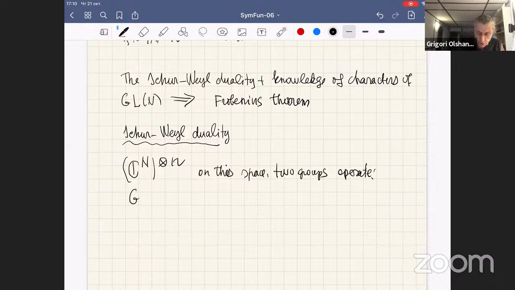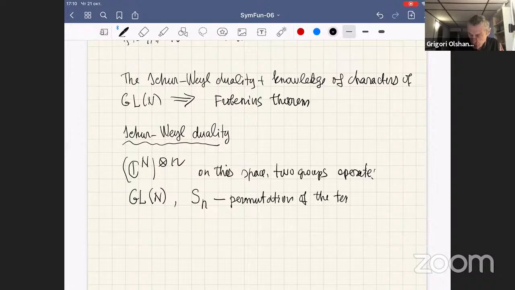There is a natural action of GLN, because the group GLN operates on this space by the tautological representation. And next, there is a natural action of a symmetric group, just permutation of the tensor factors.